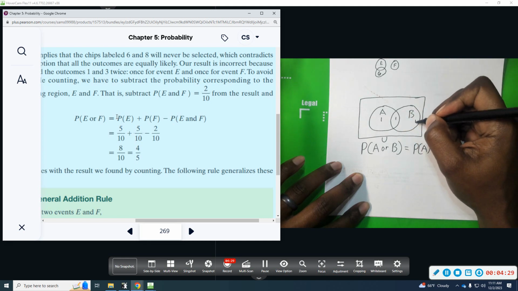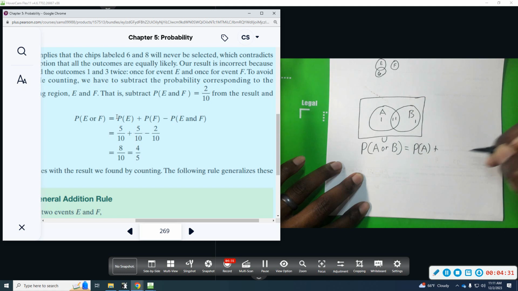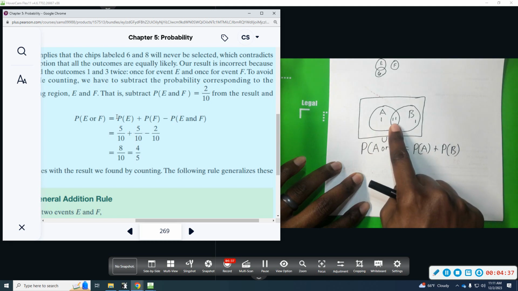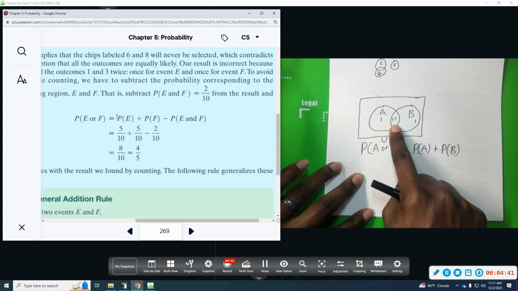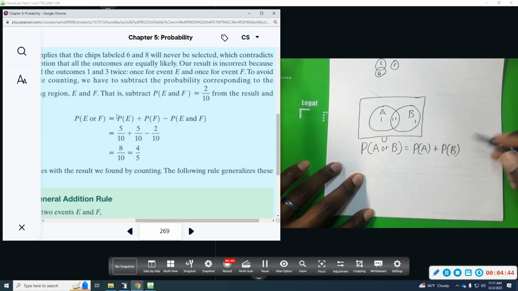I will count this piece and this piece when I add the probability of circle B. Now notice the part in the middle has been counted twice. Each of these has been counted once, but the part in the middle has been counted twice. So to correct this, we subtract the probability of A and B.